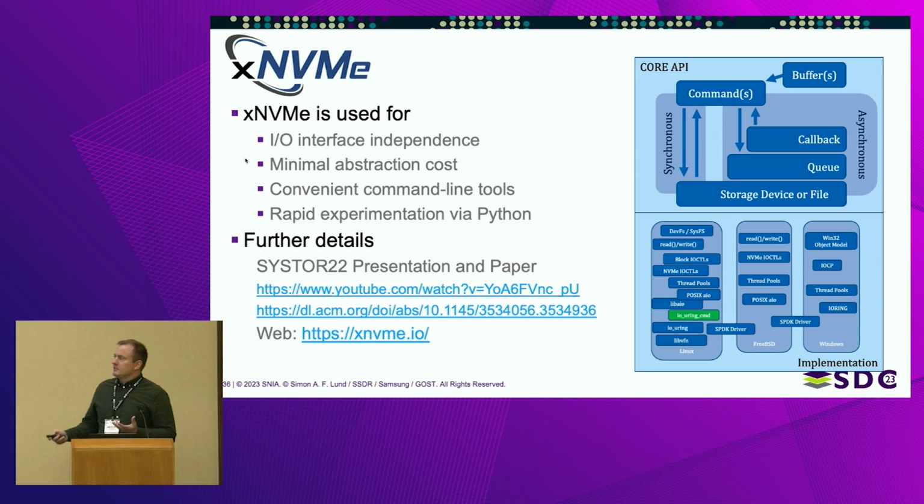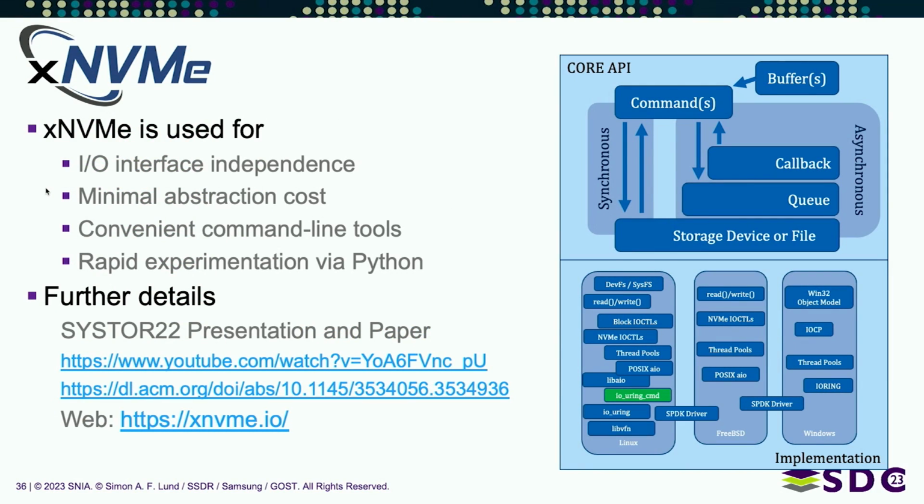So xNVMe is generally used for this I/O interface independence. That's also how it's being integrated into SPDK, to take care of how this is submitted for the BDEV layer for the different kinds of interfaces available by the operating system.